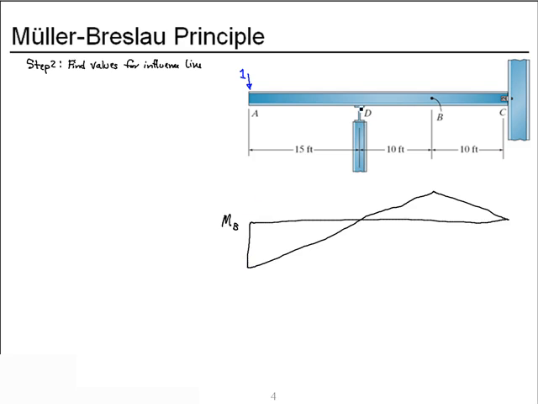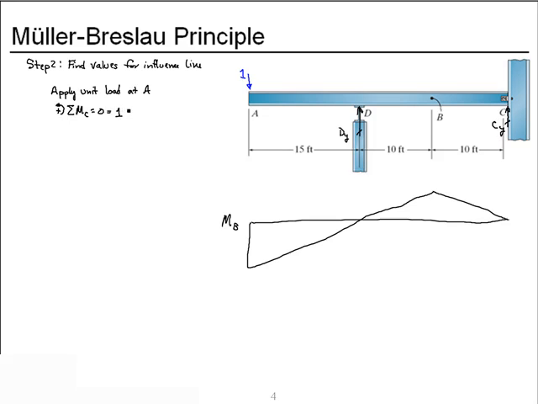I have my vertical reaction at D, vertical reaction at C. So when we apply the unit load at A and we sum moments about point C, I'll take counterclockwise as positive for this summation.